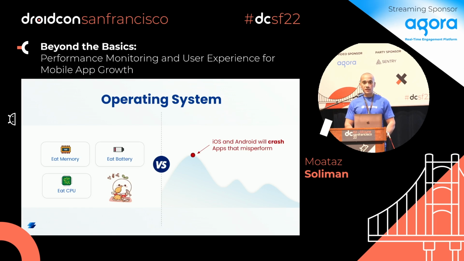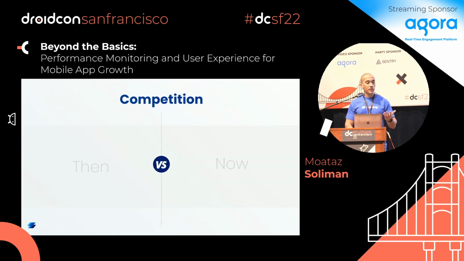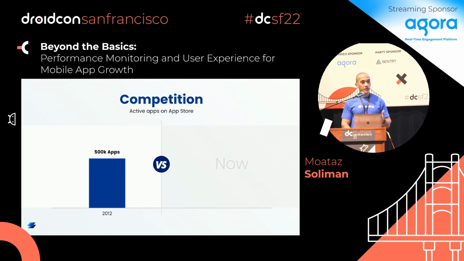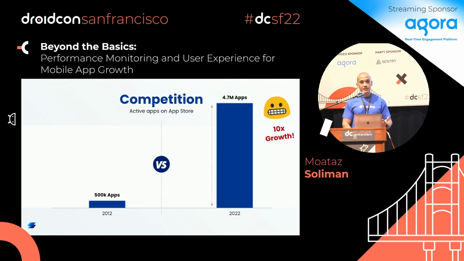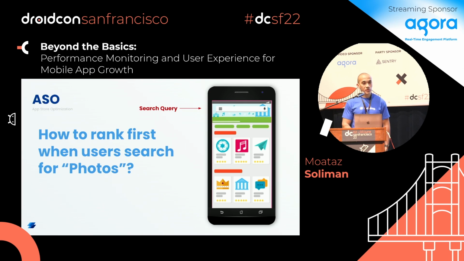And that's because there are a lot more alternatives than there used to be. Previously there were around 500,000 active apps in the App Store, and right now there are at least 10x that. So if your app isn't performing, the competition is just a simple click away, and customers can easily go to another app. The same thing happens with customer acquisition.